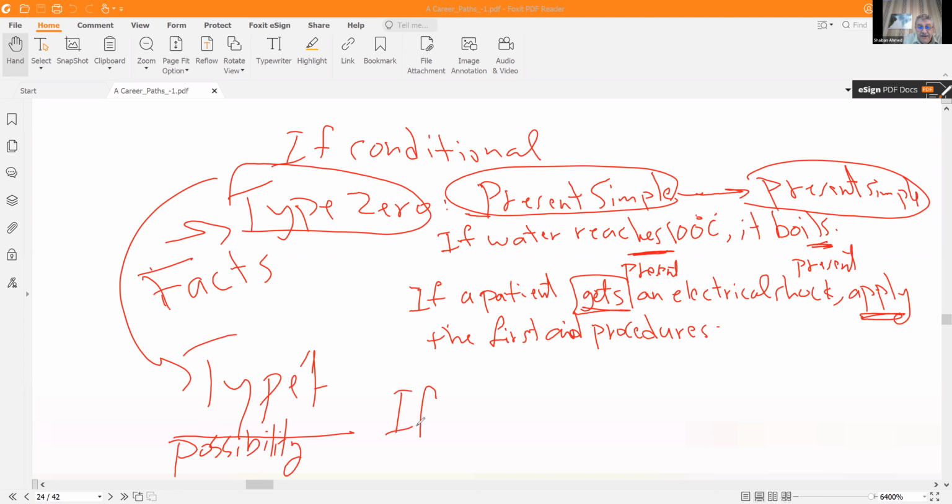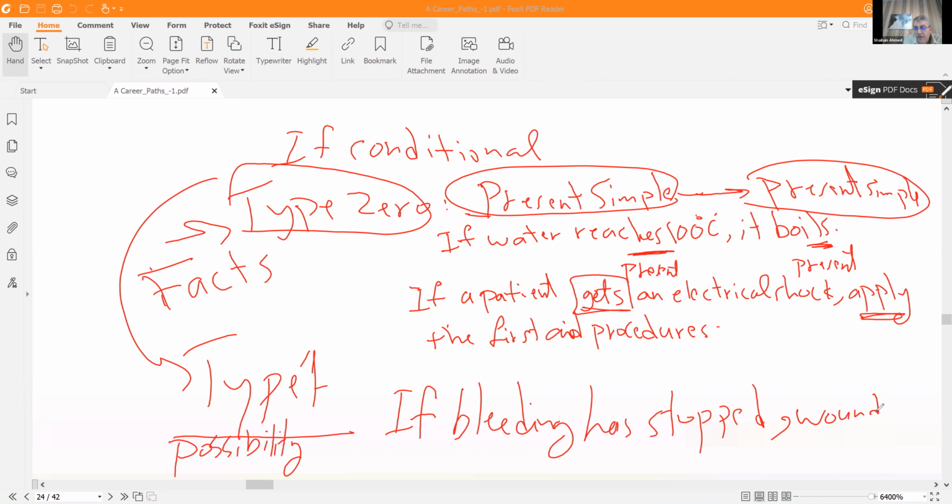So it says here, if bleeding has stopped, في حال توقف الدم يعني, wounds should be cleaned. في حال توقف يجب أن ينظف الجرح, should be cleaned and rubbed.